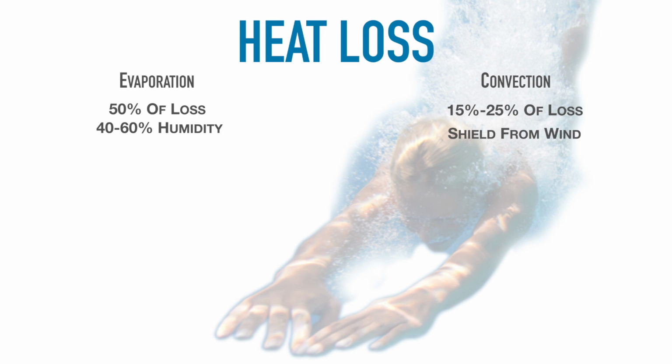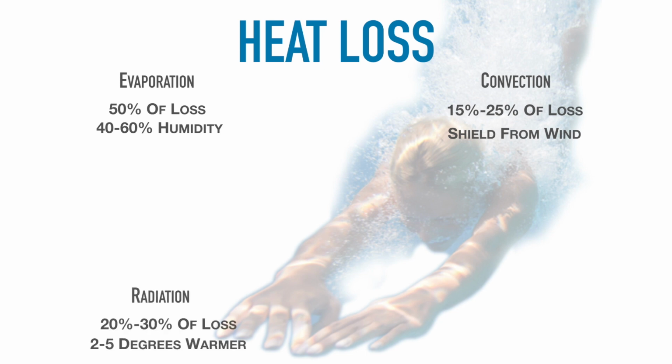Now, let's be completely honest, though. If you're installing trees and bushes around your facility, what are you going to be doing but blowing a bunch of leaves into the pool? So, again, shielding your pool from wind as effectively as possible is great, but sometimes we're just going to have to take it on the nose when it comes to convection heat loss.